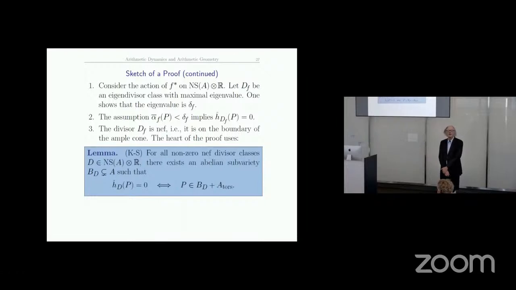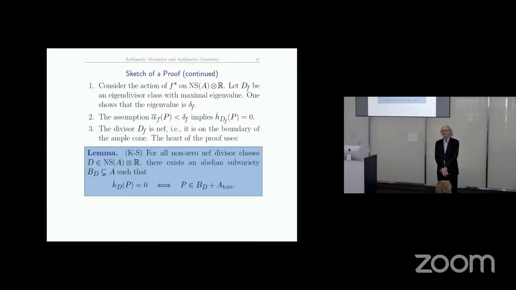And then the heart of the proof is this lemma that says if you have a non-zero numerically effective divisor class, then the points with canonical height 0 for that class are actually translates by a torsion point of a proper abelian subvariety. So an abelian subvariety that's not the entire abelian variety.